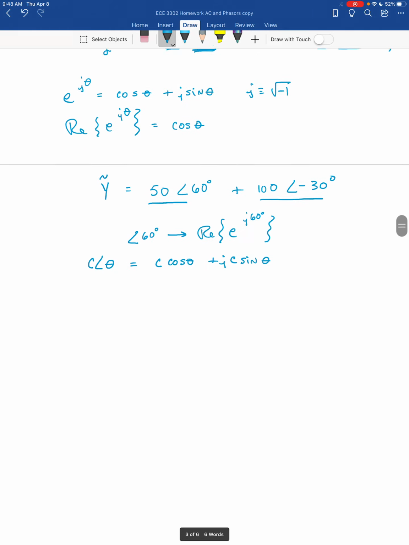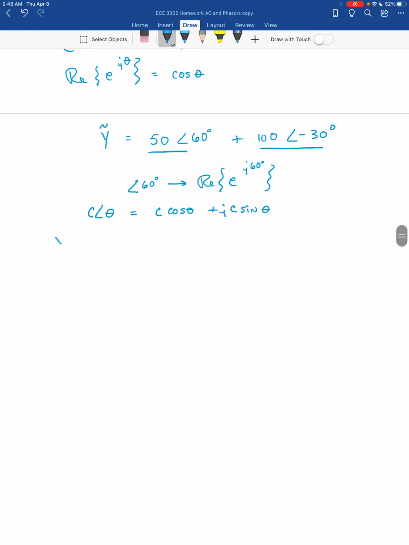If you're adding complex numbers, this is what is known as polar form. It's difficult to add in polar form.